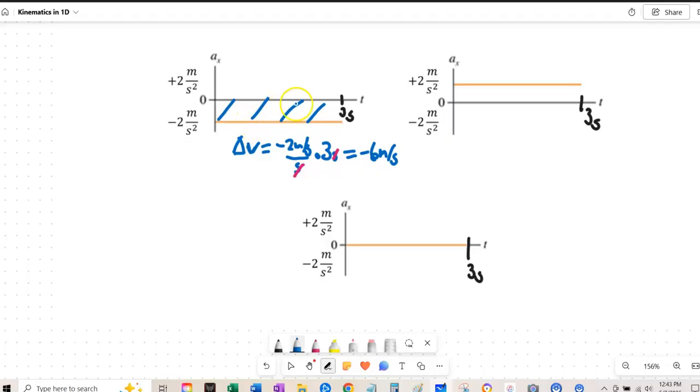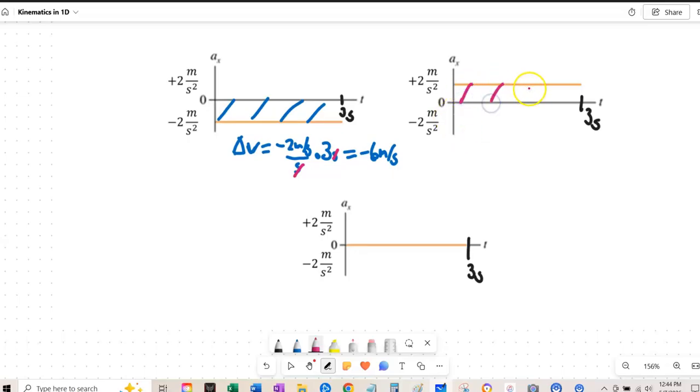Okay? Now, if I gave you a starting velocity, you could use this change in velocity to figure out the final velocity, but that is not what is contained in an acceleration versus time graph.